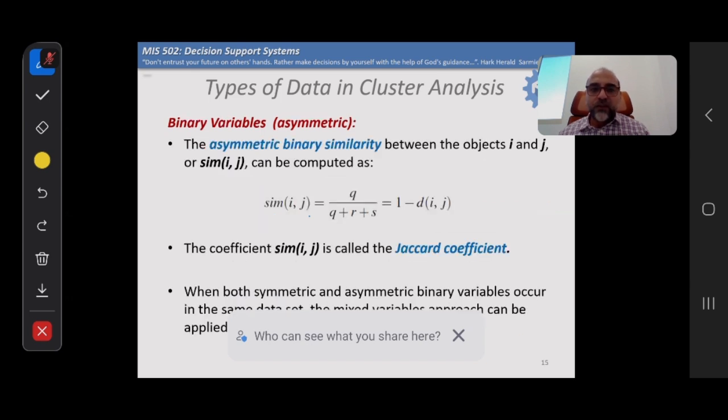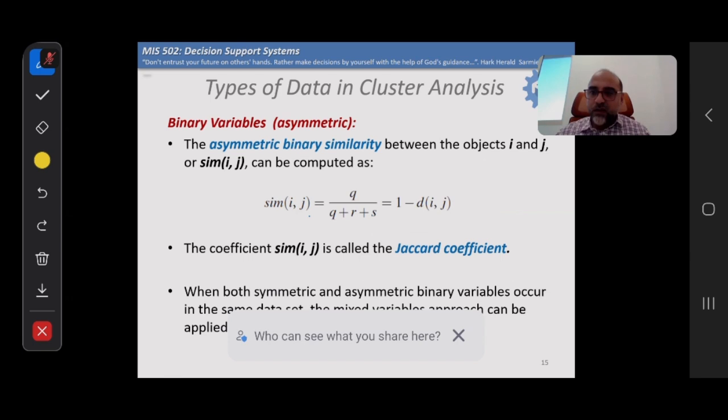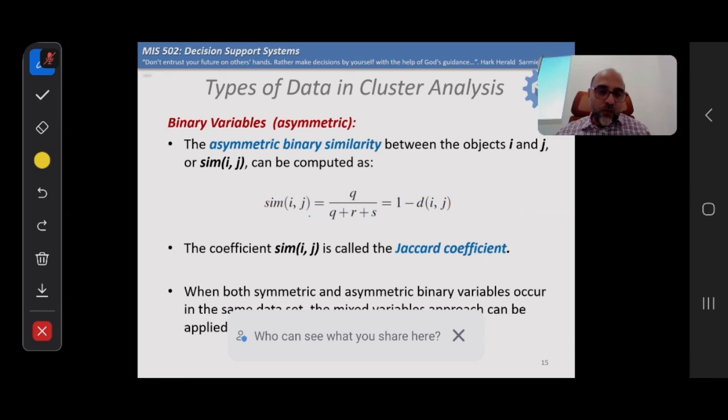So this is called asymmetric binary. When we want a positive outcome, we ignore T. Now, even when we don't want positive, but we know that positive outcomes are more important than negative, for example, let me ask you: you go for a medical test, right?